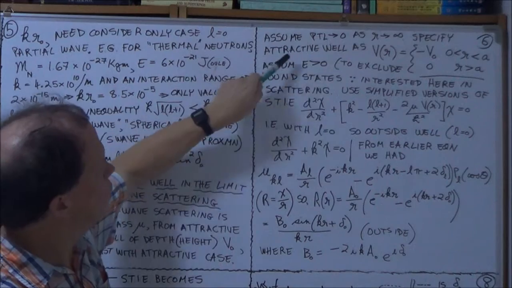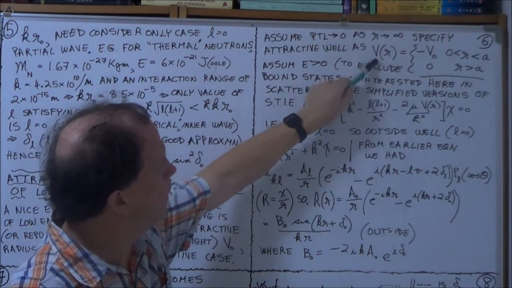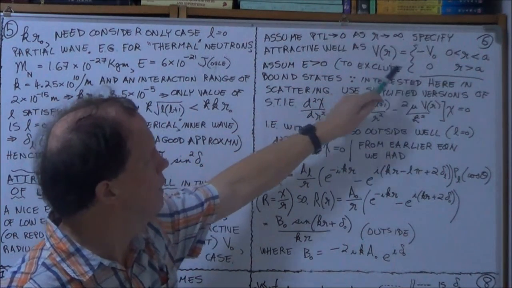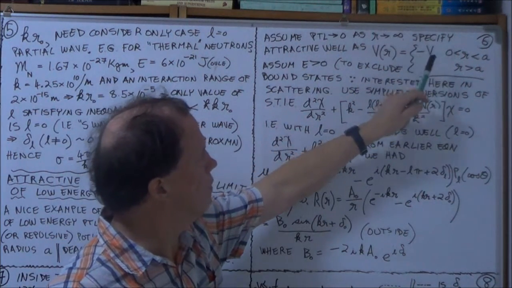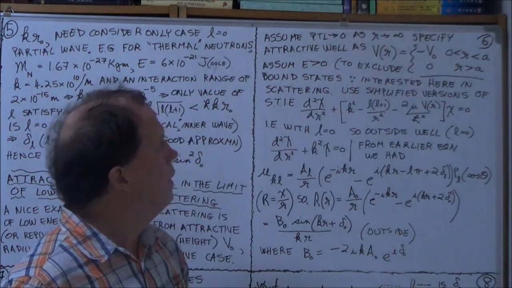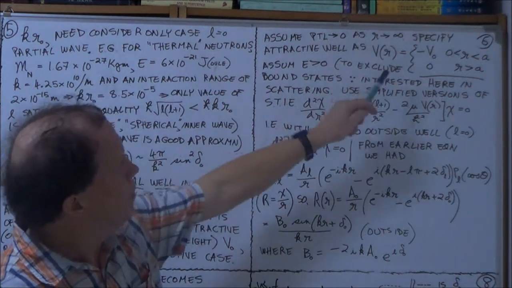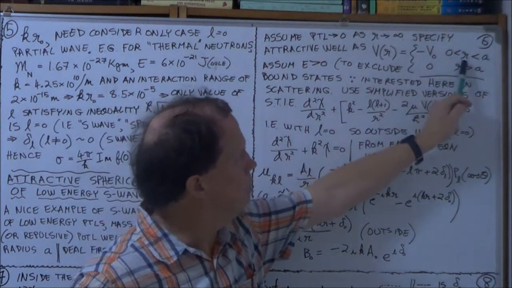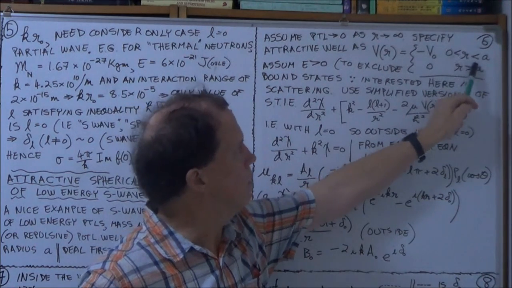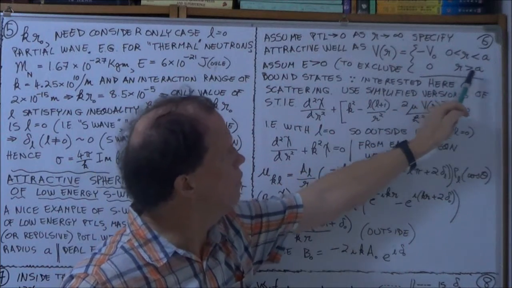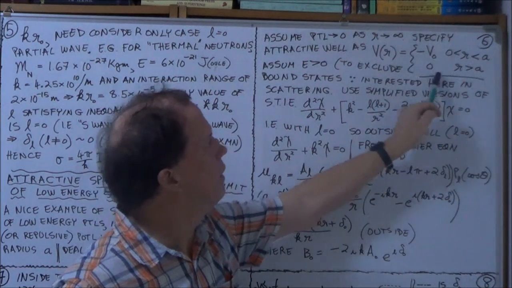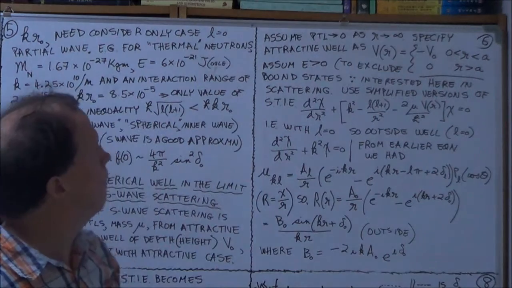So let's assume the potential as a function of r has the following form in this model. Let's say it's attractive, so it has a value of minus V0 in this range when the distance is greater than 0 and less than a, and outside that range, further away than a, let's say the potential is 0.